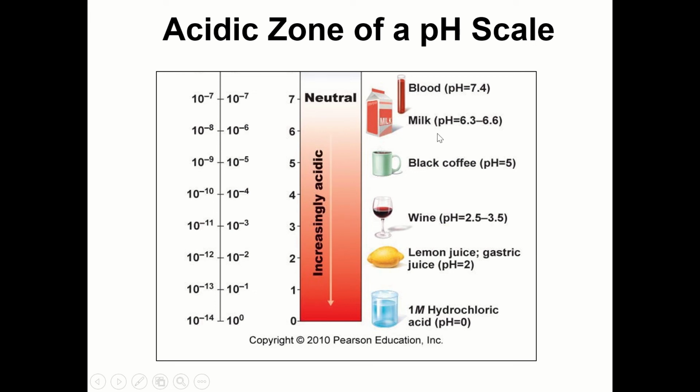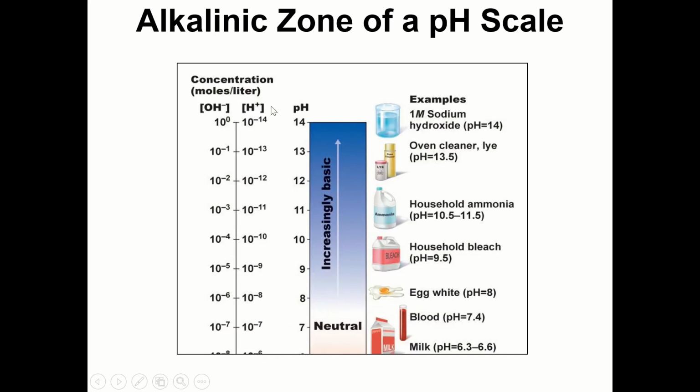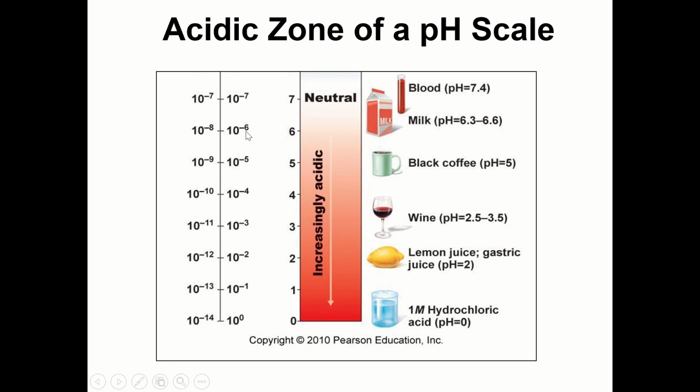So the question is, what's changing about these solutions that's making them more acidic? Well, the idea is that you're starting to see an increase in the number of free-floating hydrogen ions. So 10 to the negative 7 is fewer than 10 to the negative 6, which is fewer than 10 to the negative 5. And so you're building and increasing all the way to 10 to the naught down here in the number of free-floating hydrogen ions.